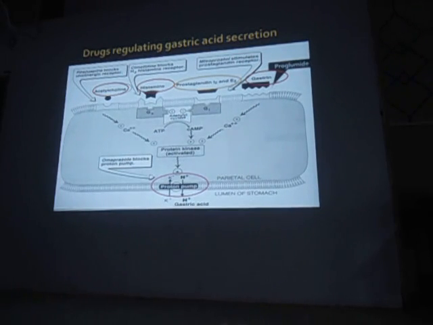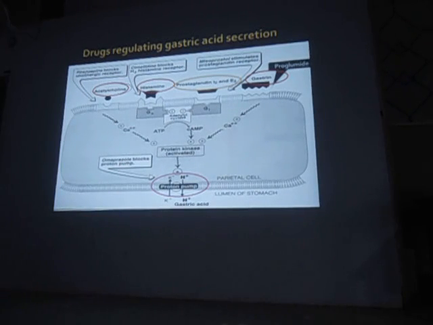There is no conversion of ATP to cyclic AMP, so cyclic AMP is not activating our protein kinase. Whereas our vagal nerve, which produces acetylcholine, and gastrin, both increase the calcium levels, and that can be prevented with the help of pirenzepine and similar drugs.